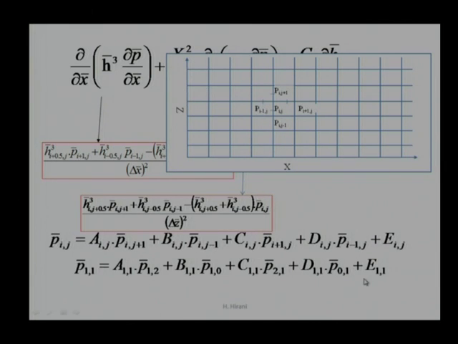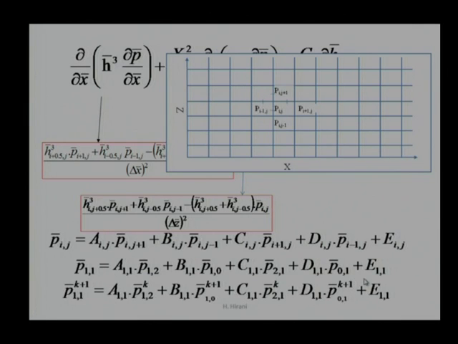Now, this is what I explained, and I mentioned the iterative scheme also. We say that we want pressure at node i j, or in this case we took the example of 1 1. So, we need at any iteration k plus 1, assuming the kth iteration is already over, we evaluate pressure p11 at the k plus 1 iteration, which will be a function of p12.